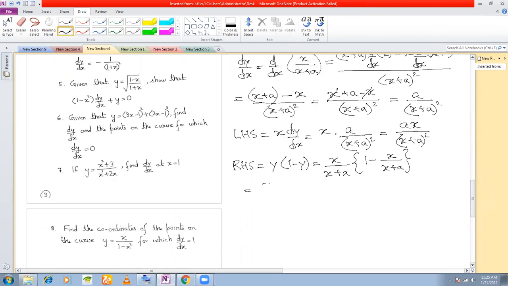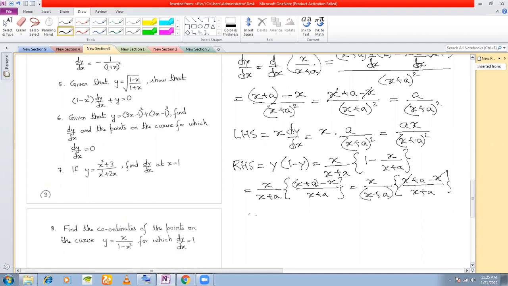So you get x by (x + a), and you take the LCM, you get (x + a) minus x by (x + a), right? So you get x by (x + a) into ((x + a) minus x) by (x + a), right? So this and this cancels.